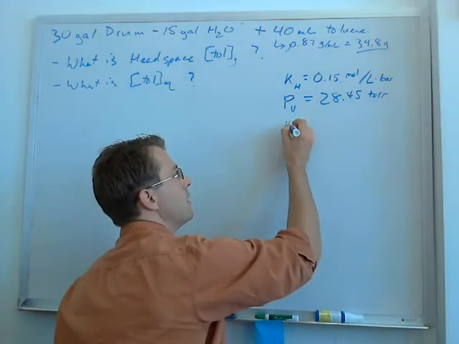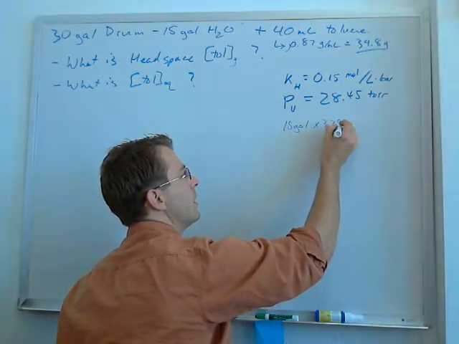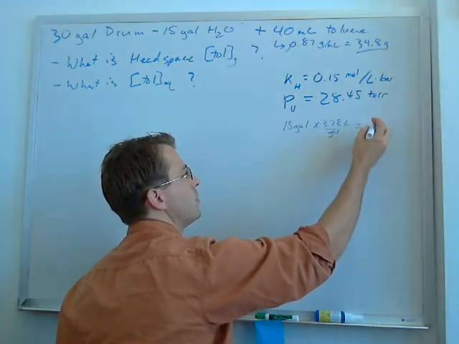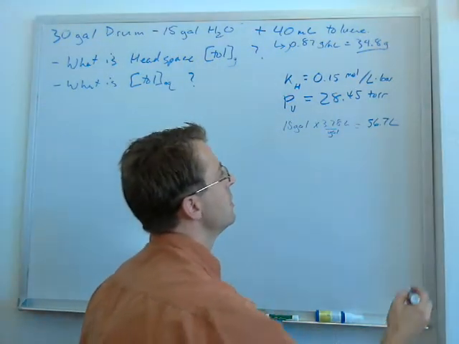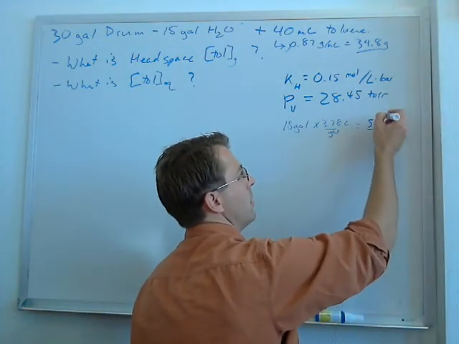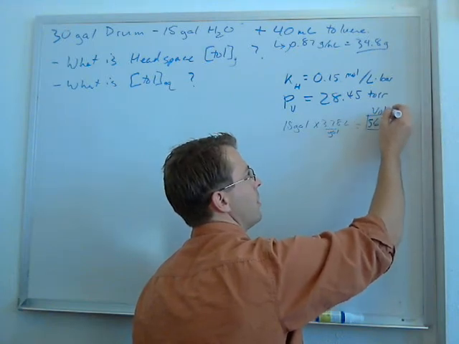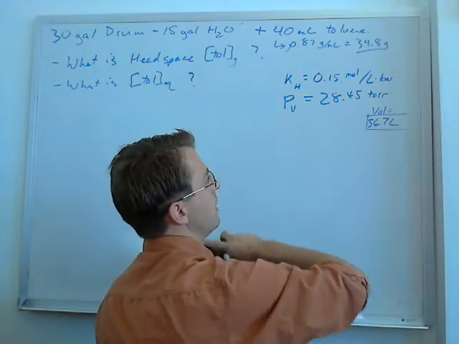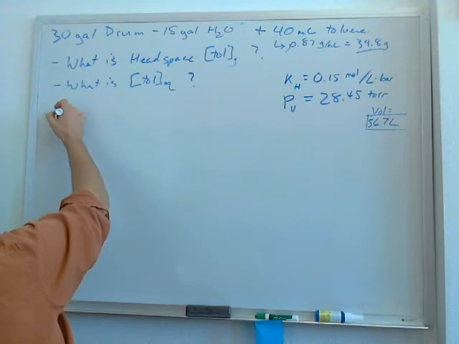So 15 gallons times 3.78 liters per gallon is equal to 56.7 liters. So let's just remember that our volume, actually of both of these, is 56.7 liters.